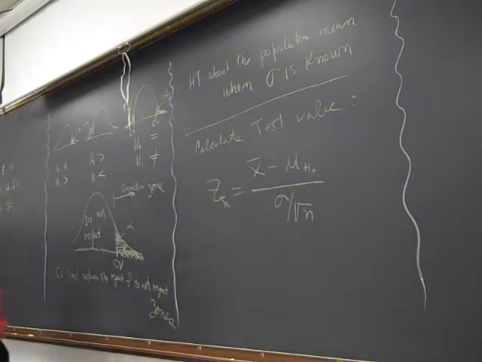Okay, and that is the value that you are going to compare with the rejection or not reject zone. That's it. As easy as that. And for this one, we use the standard normal distribution tables. Okay. That's it.